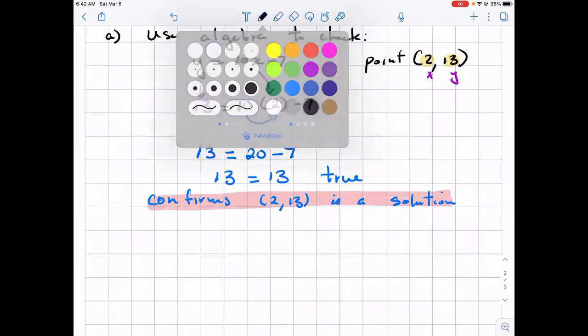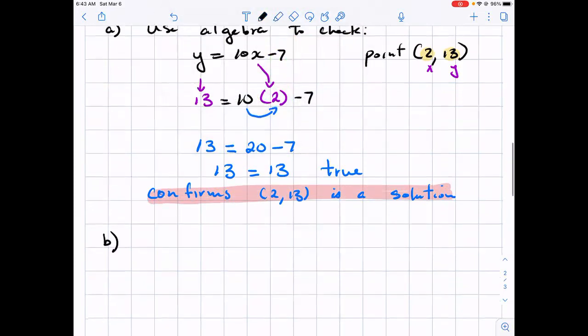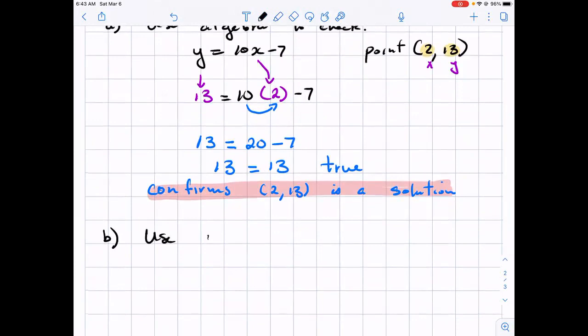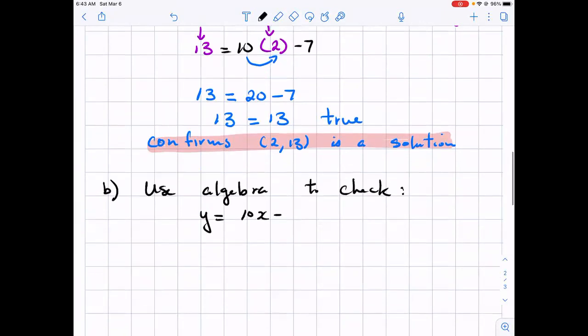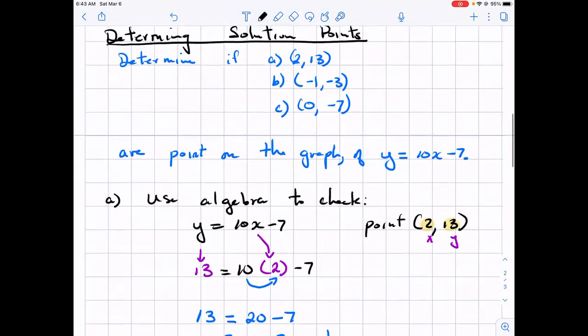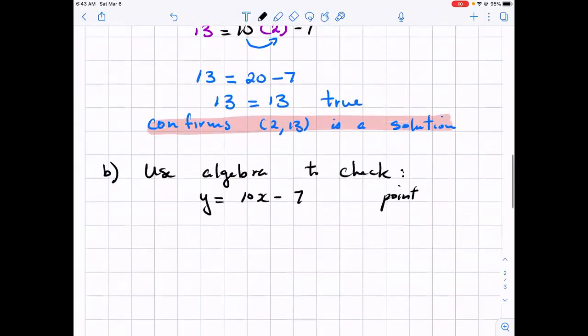So let's do the same thing now for part B. We're going to use algebra to check. We have y is equal to 10x minus 7. The point we are checking in part B is -1, -3.